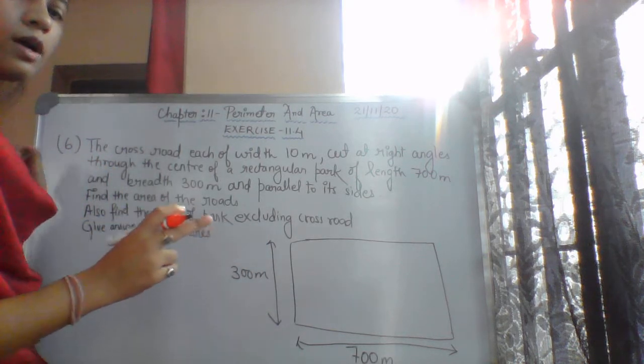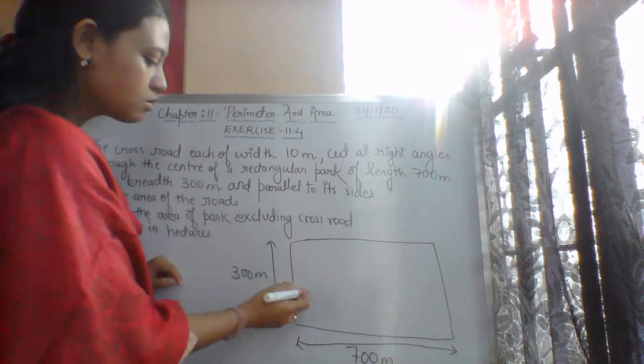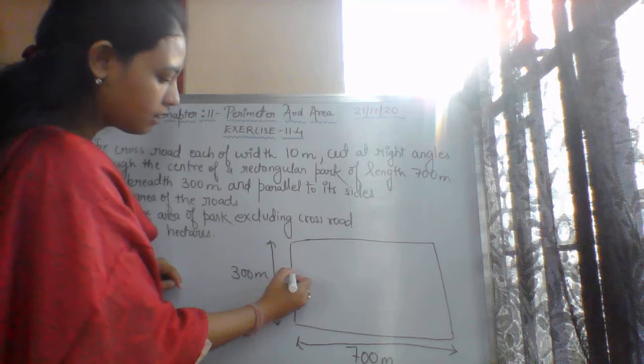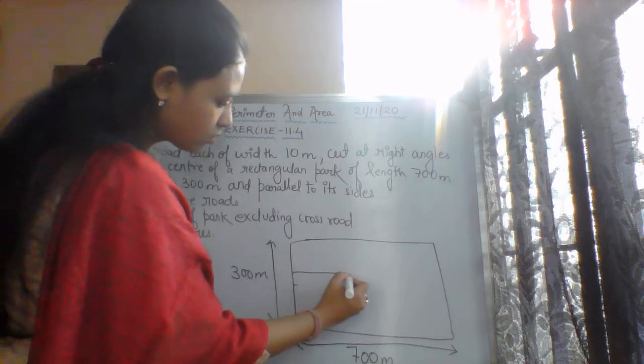Now the crossroads are running parallel to the sides, and they are cutting at the middle, so we have to draw at the middle point only.